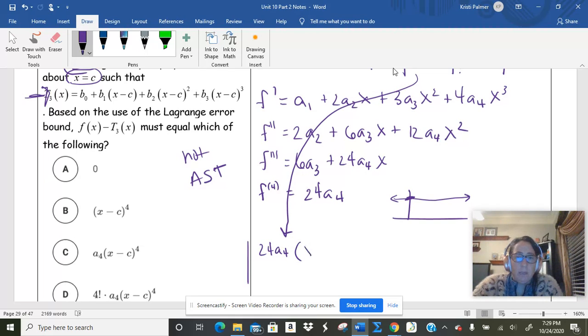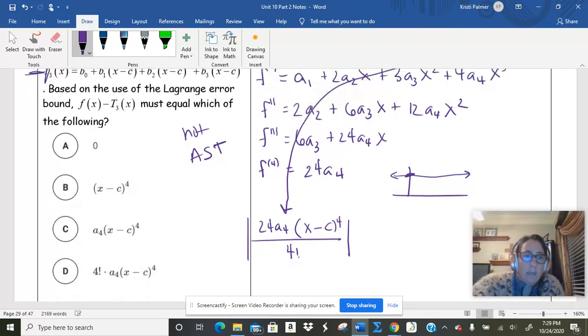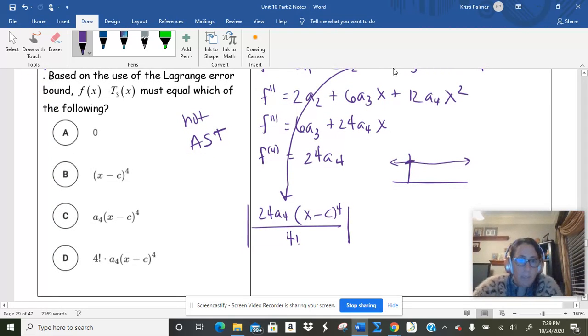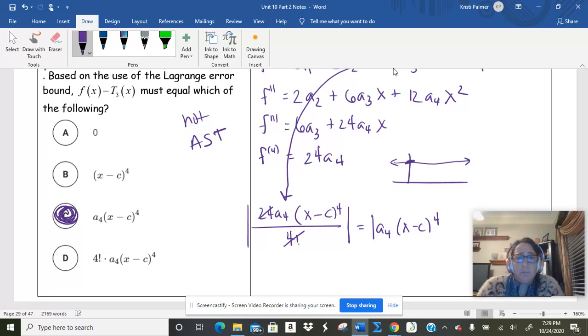And then we'd want x minus c to the fourth over 4 factorial. And I'm not seeing any of those match up yet, but I know that those are exactly the same thing, so I can cancel. That would be a to the fourth x minus c to the fourth, and I do have that. So this was a really weird question.